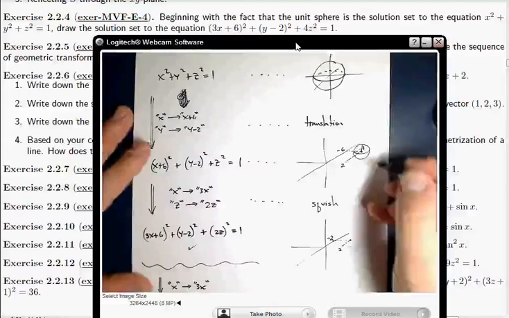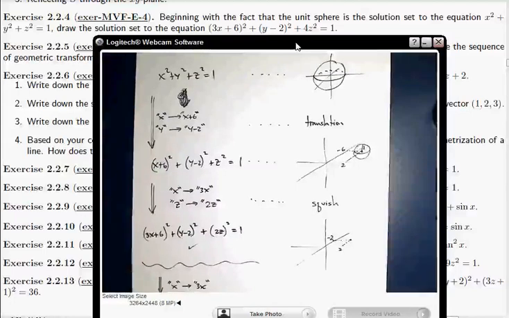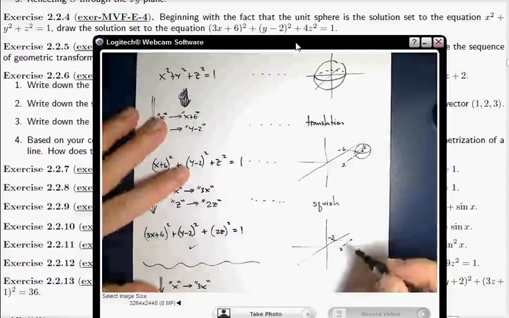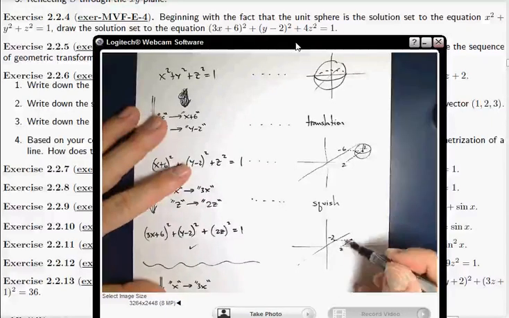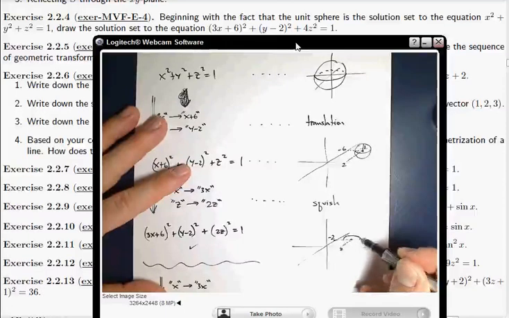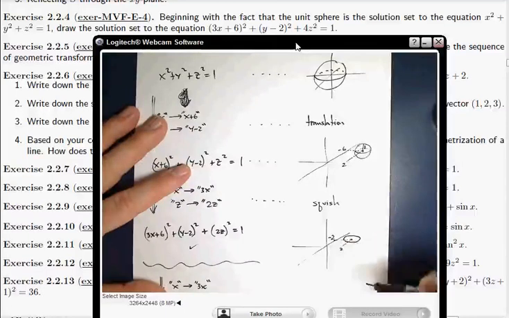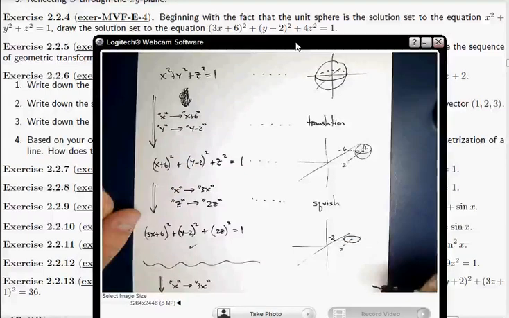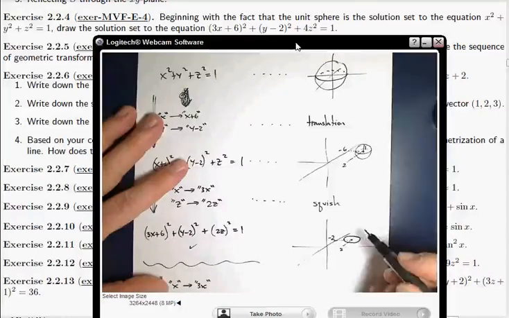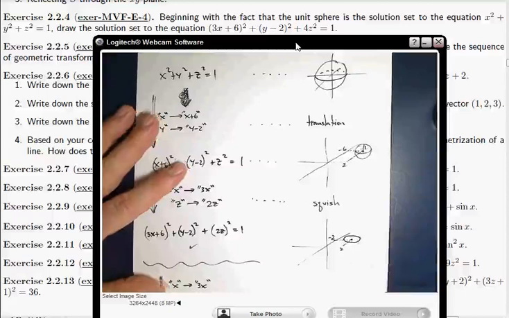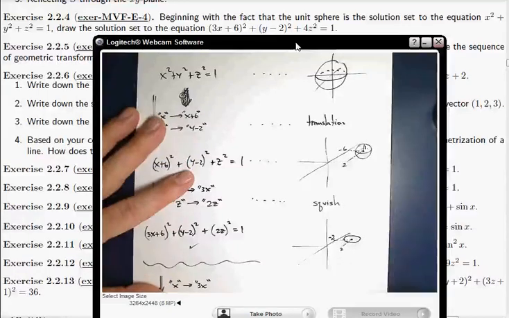Well, it's no longer a sphere because I've squished it in one direction and squished it in another direction. So this new thing is shaped like a roll of French bread. It's kind of long and skinny like this. It's been shrunk by a factor of 3 in the x direction. It's a hard thing to draw a picture of.